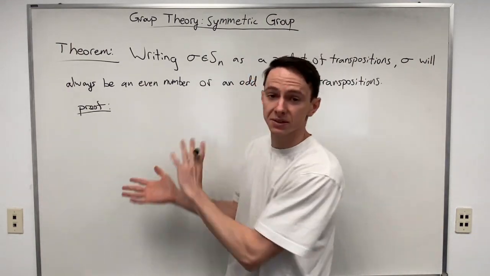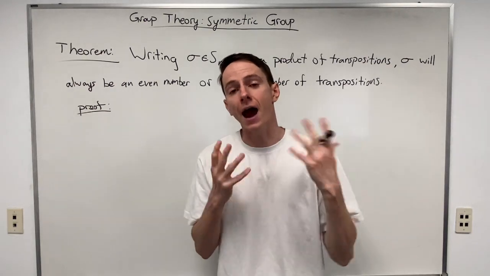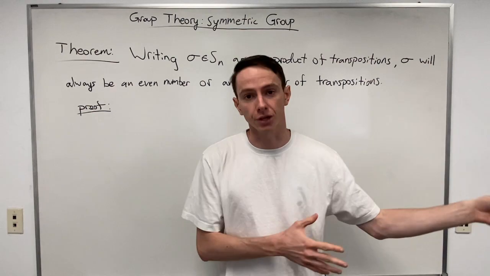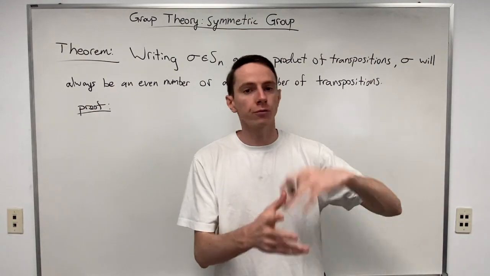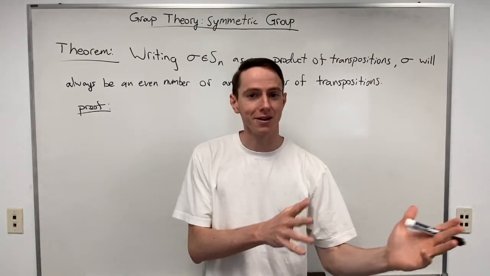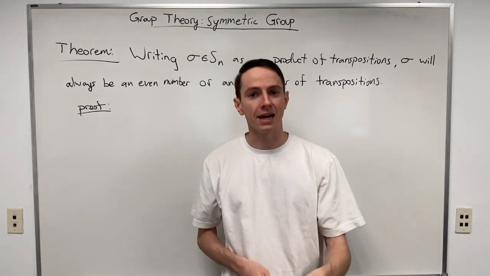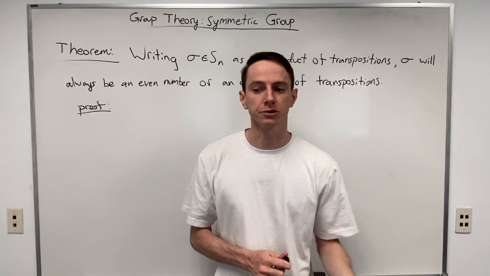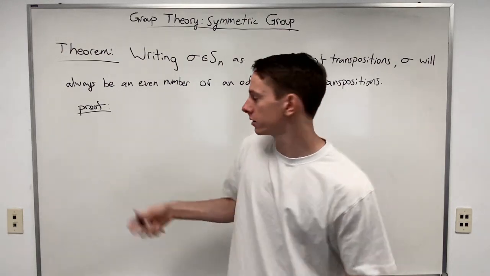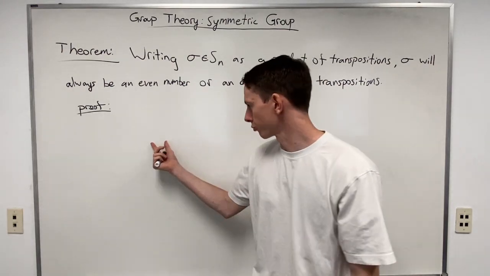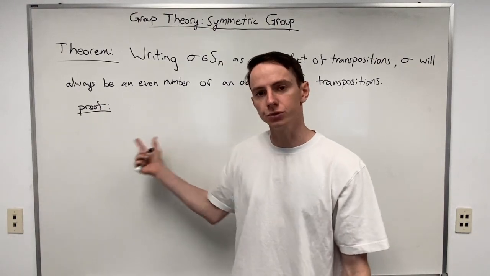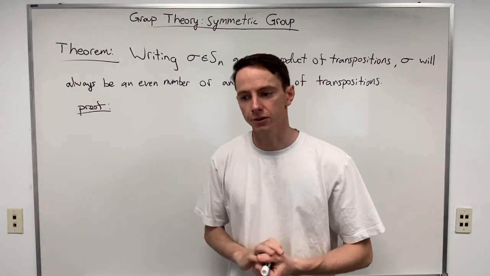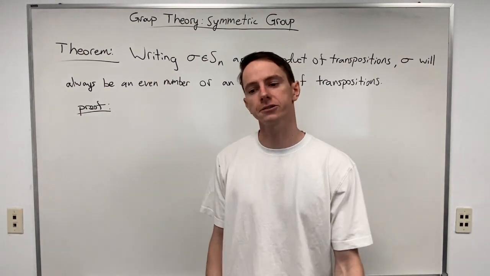But what this theorem is saying is that regardless of how we write the permutation as a product of two cycles, whatever way we do that, we will always be writing it as an even number of two cycles or an odd number of two cycles. Like in the example we had right here, I think we started with 3 transpositions, 3 different two cycles, and then the bottom line had 5 transpositions. So it's still an odd number in that case.